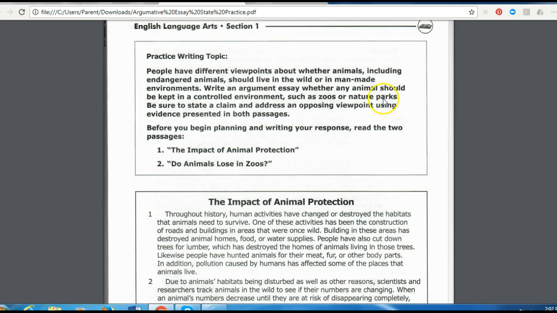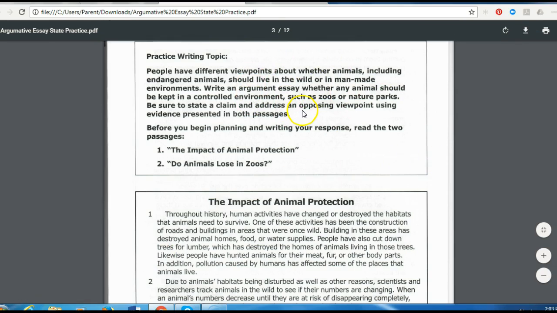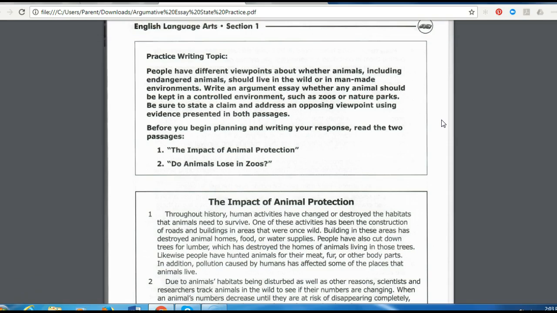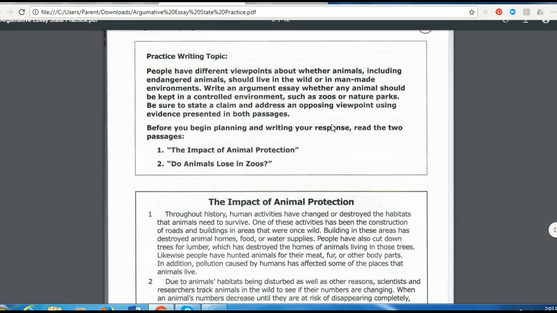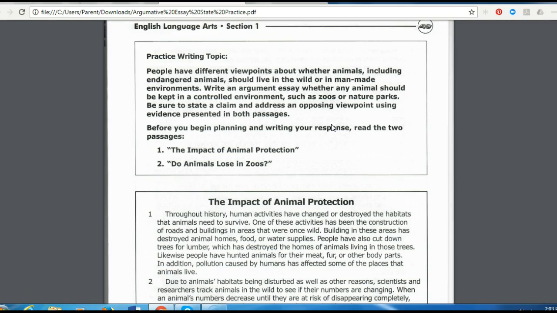If I were you, read the prompt topic more than once. Make sure, first of all, you understand what it's asking you to do. And then you can begin reading. Now, if it's a topic that you have a lot of background knowledge of and you have an idea of some things that you want to write about, keep those in your head, and as you're reading the articles, see if what you feel and the ideas that you have can be supported through the 2 articles.